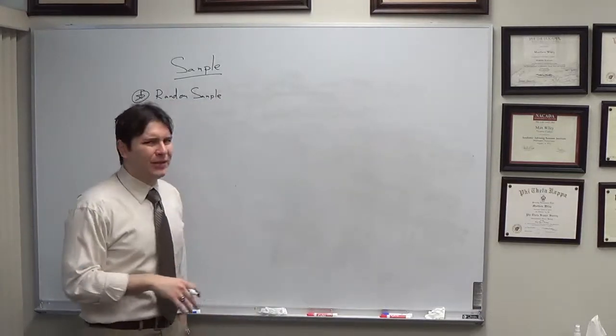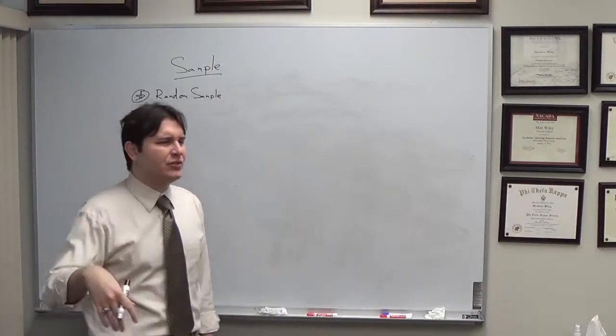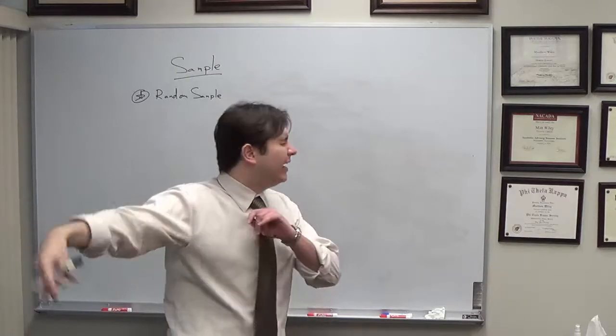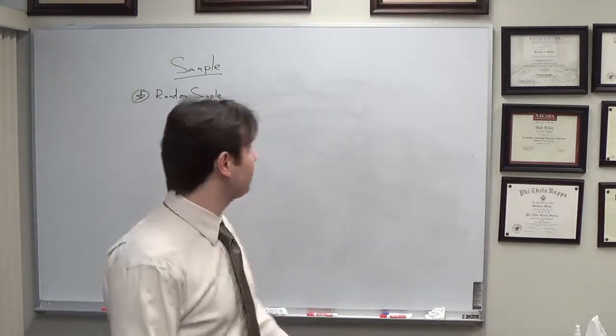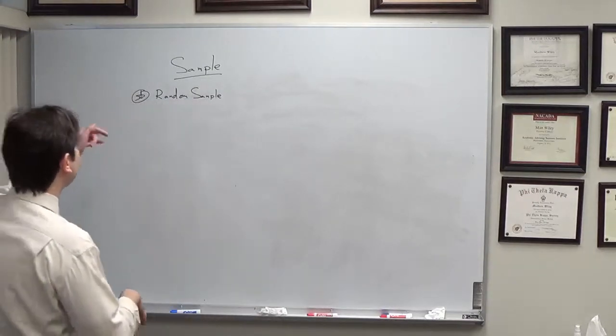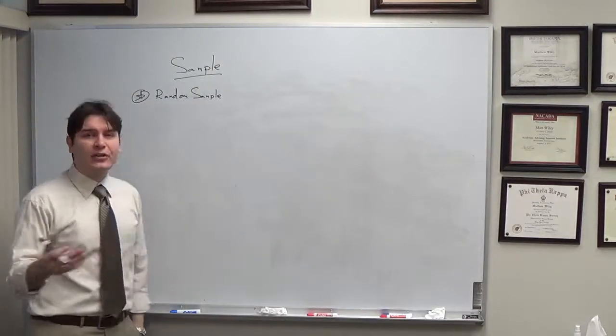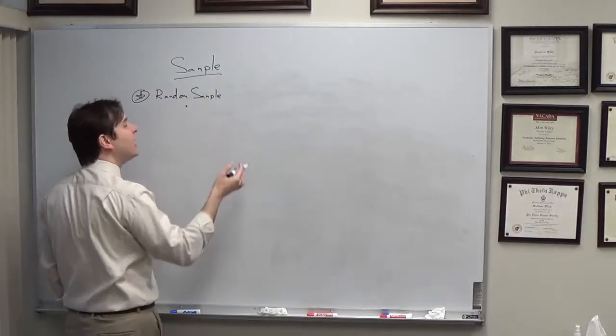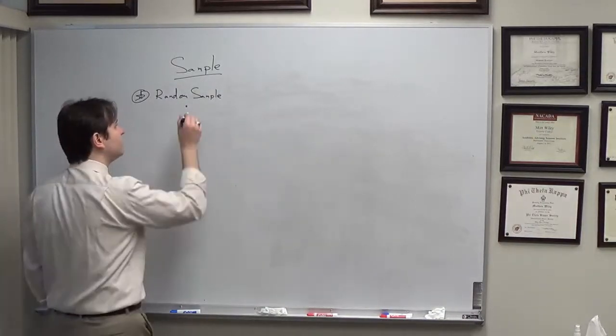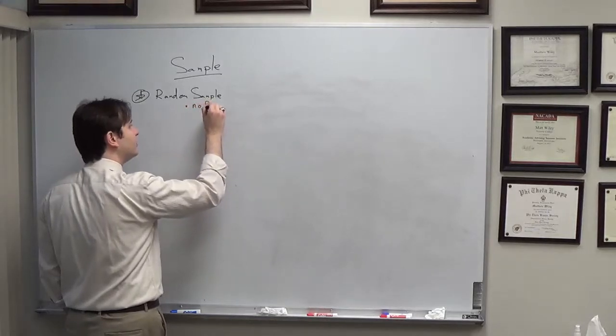And random is a very complicated word, but for now, just imagine that you've got all the house addresses in a hat, and someone's randomly pulled them out without looking. Okay? And then, everyone who gets those letters has to respond. In a perfect random sample, everyone has an equal chance of getting picked, so there's no favorites.